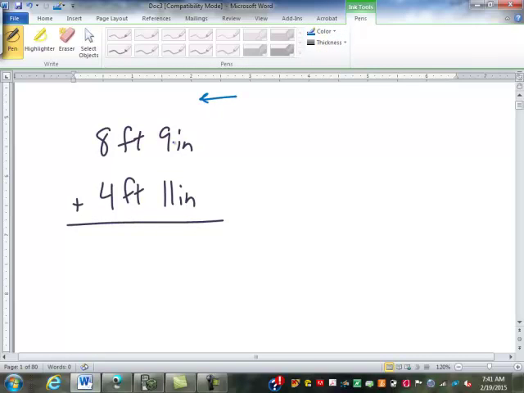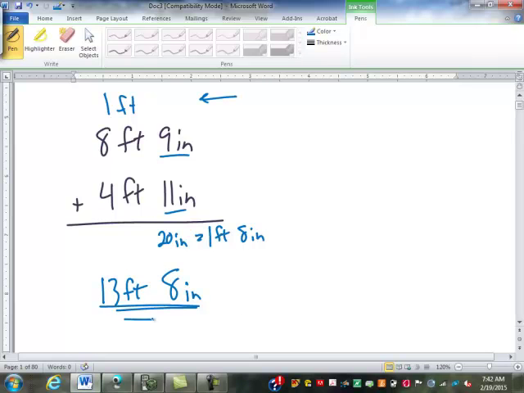Add up to 12 and then add a foot. So 9 and 11 makes 20 inches, and since that's more than 12, we have to break that down into feet and inches. That's 1 foot and how many inches are left? 8 inches. So we're going to keep the 8 inches, carry the 1 foot. So now we just add 1 and 8 is 9, plus 4 is 13 feet, 8 inches.